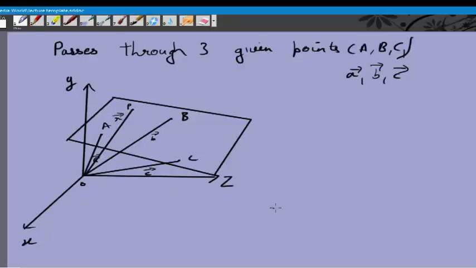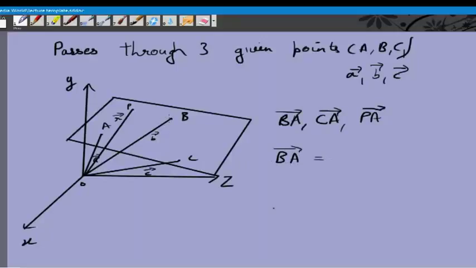Now I'm going to take a few points in a particular combination, but you can have many different combinations and finally the answer will come out to be the same. What I'll do is I'll look at 3 lines, the vector BA, the vector CA and the vector PA. So what is BA?